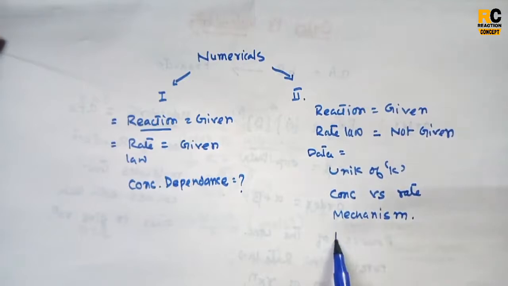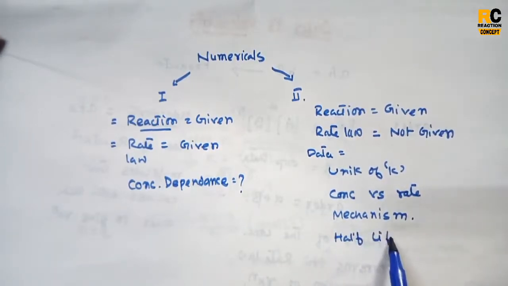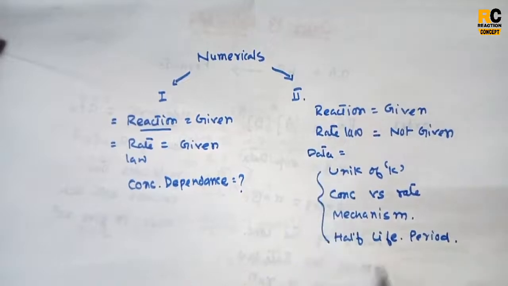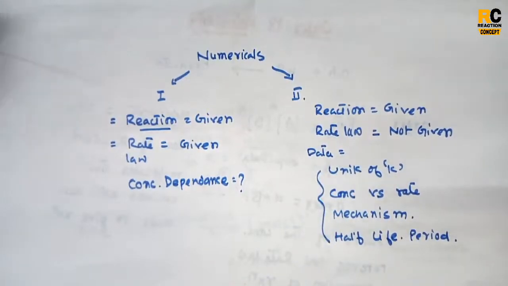Half-life period, you might not be familiar with the term half-life period. We'll discuss it later on. This kind of data would be given to you. So numericals would be of two types. In one, the reaction and the rate law might be given to you, and in the second, the reaction is given but the rate law would not be given.